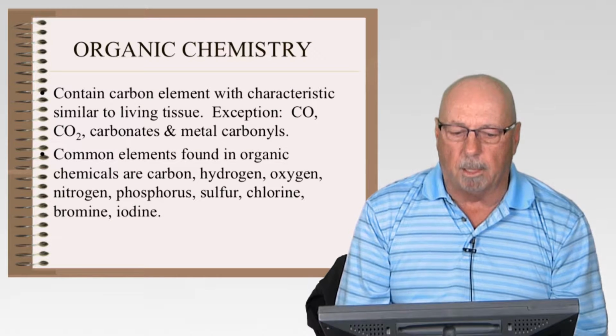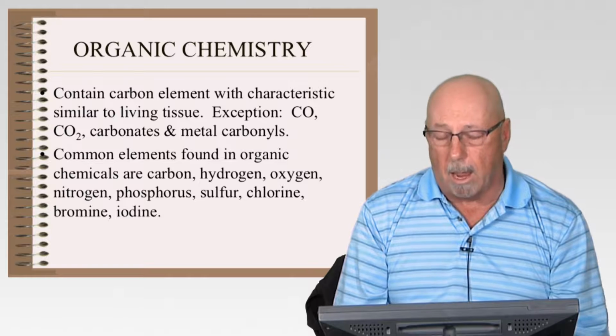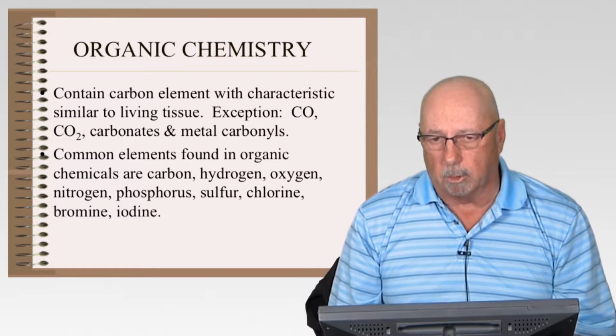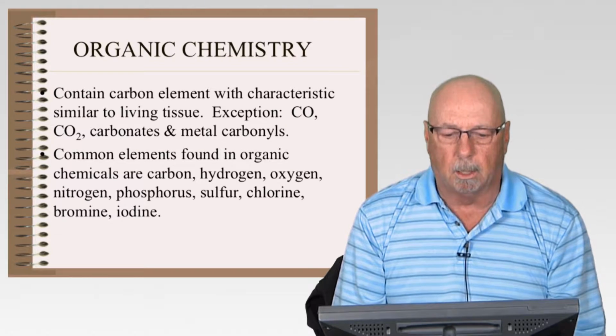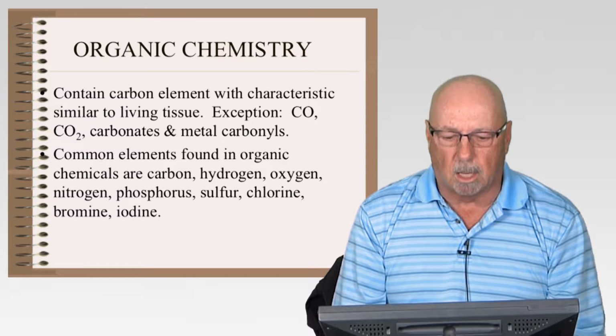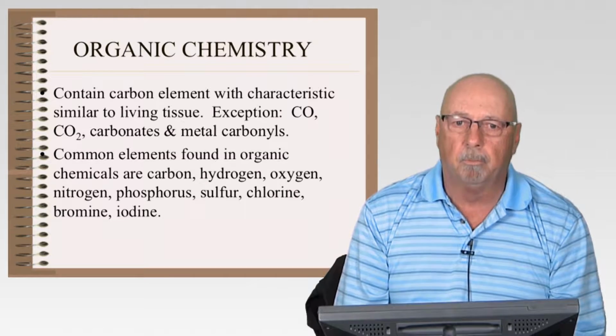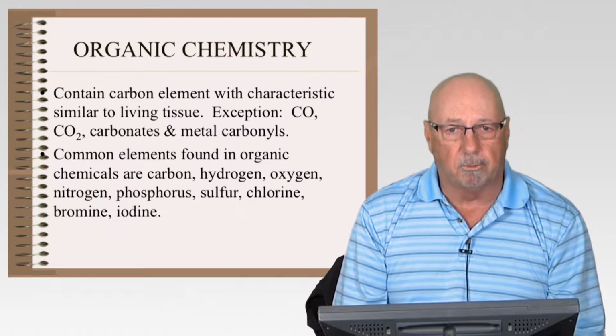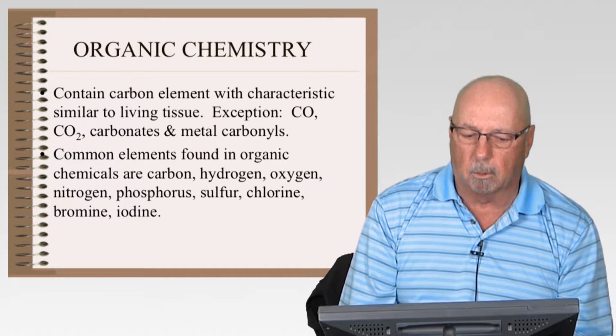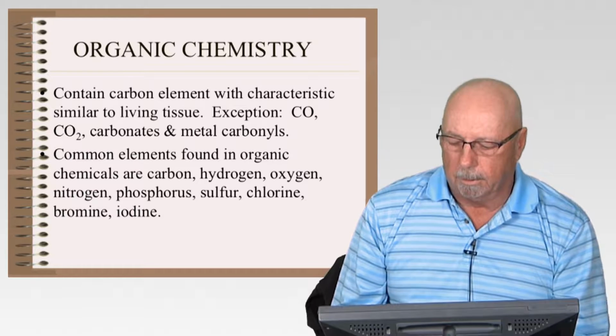Some of the common chemical elements that you're going to find in the chemical substances you encounter are certainly carbon and hydrogen, and possibly oxygen, nitrogen, phosphorus, sulfur, chlorine, bromine, and iodine.